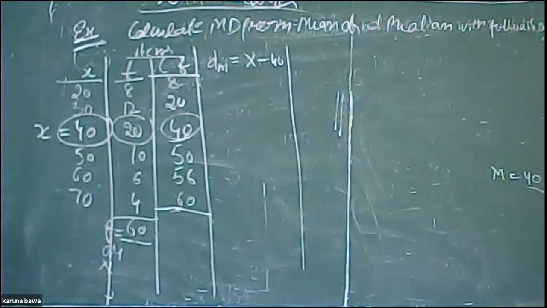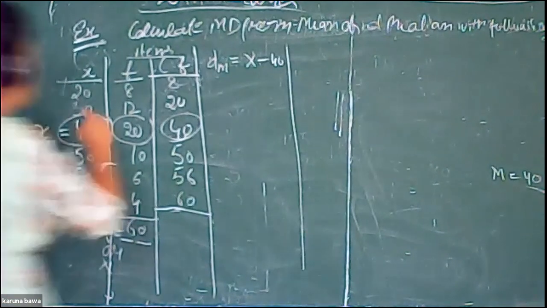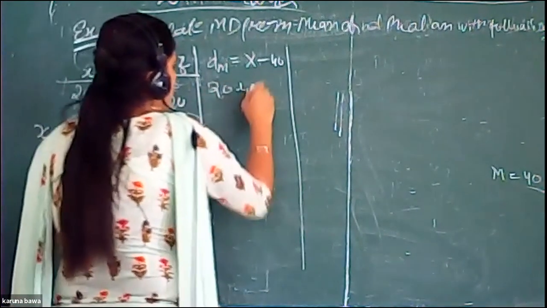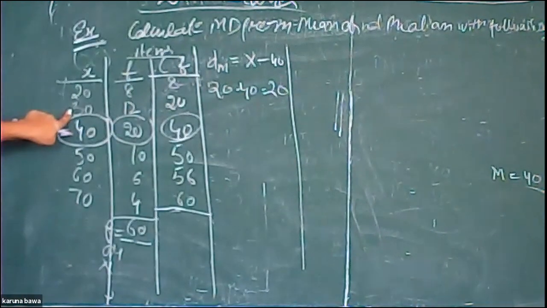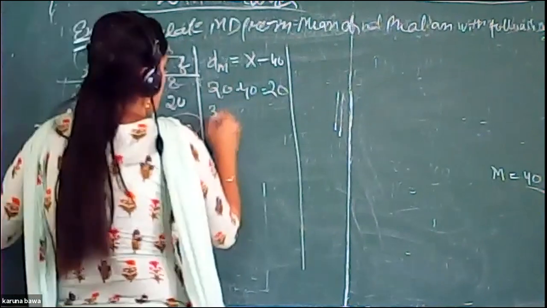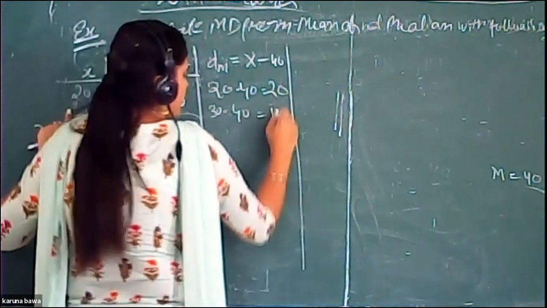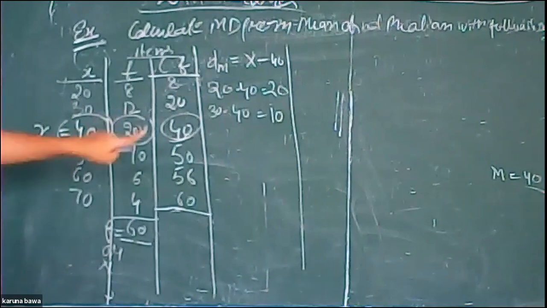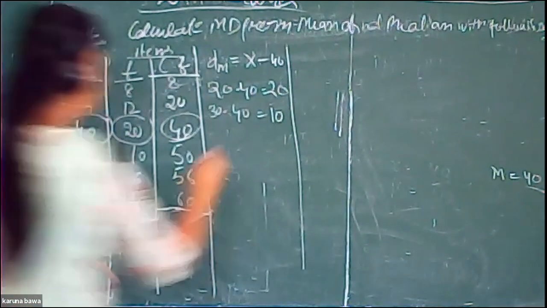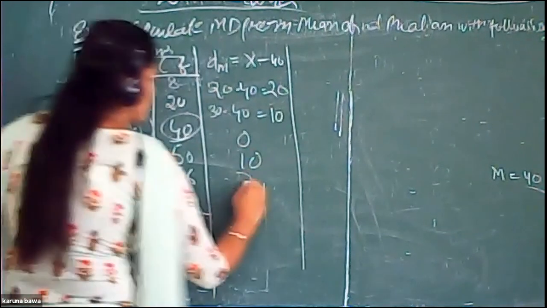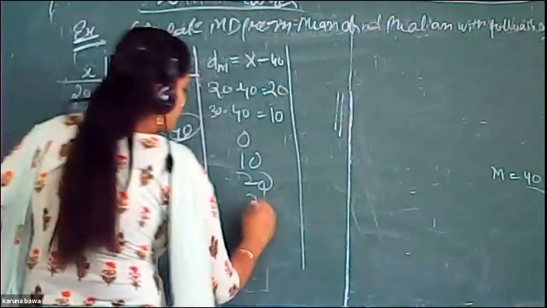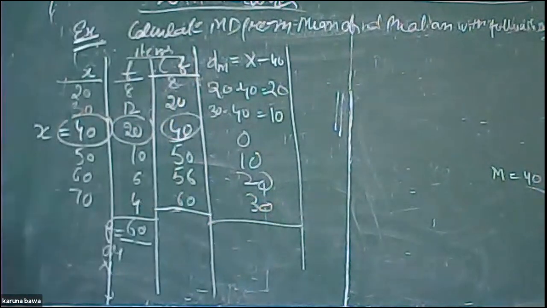So x minus 40: x value 20 minus 40 is minus 20. Same with 30 minus 40, minus 10. And 40 minus 40, that is 0. 50 minus 40, 10. 60 minus 40, 20. And 70 minus 40 is 30. So basically, this is the deviation from median.